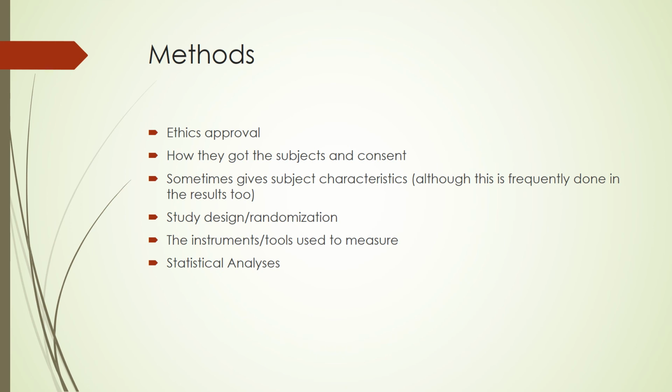Next in the methods, frequently how you obtained the subjects and got their consent. So essentially your recruitment for how you found them. We'll talk about different sampling styles. Mostly what people do is a convenience sample. There's an old joke that the most studied people on the planet are college students and mice, that we know everything about them, because in most research, and probably what all of you are going to do, is what's called a convenience sample.